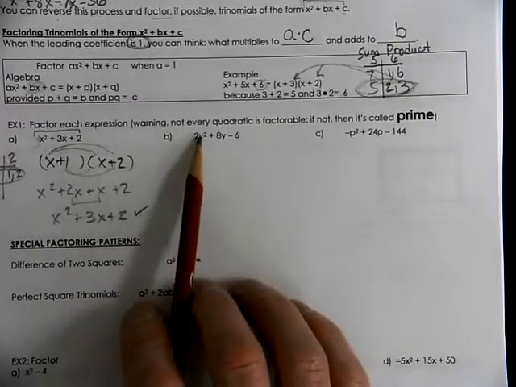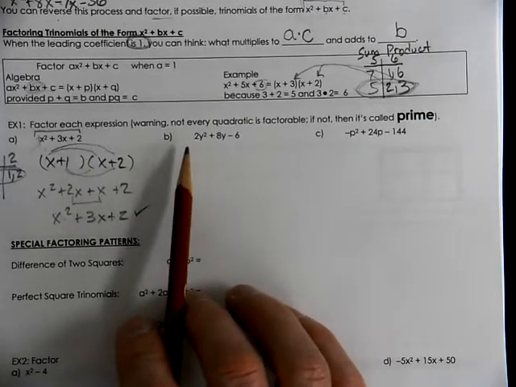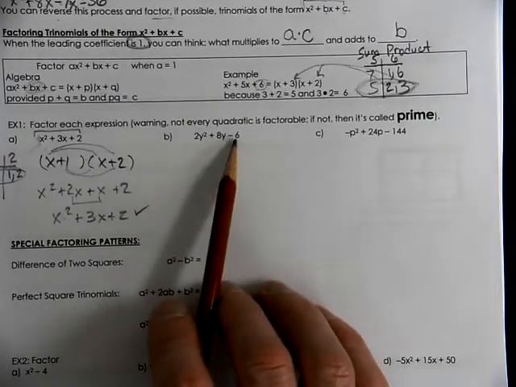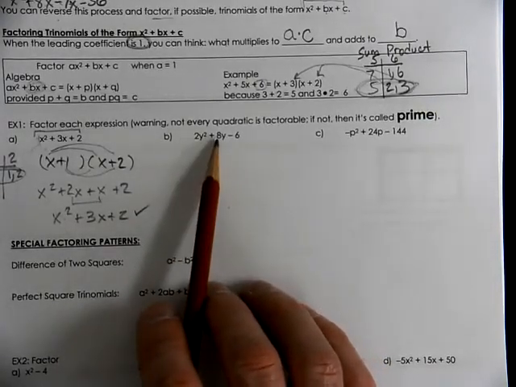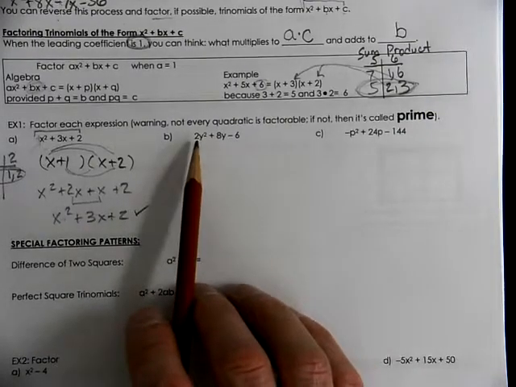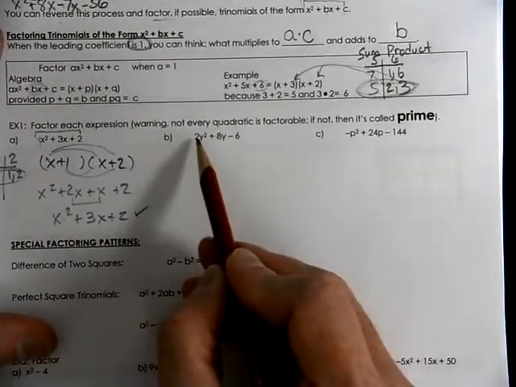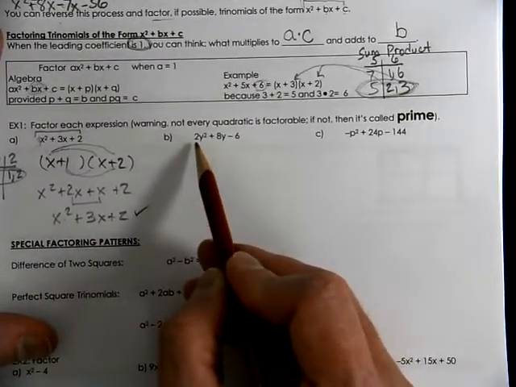This next one has an A value. It's not done exactly the same way. You cannot say what multiplies to be 6 and adds to be 8. It won't work that way. So you have to try something different. We notice that they're all even numbers.